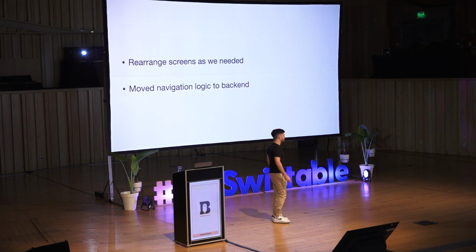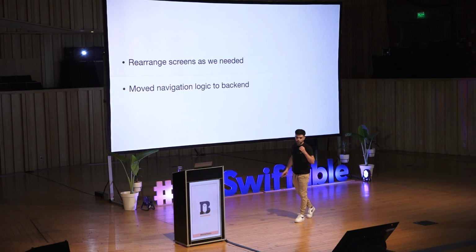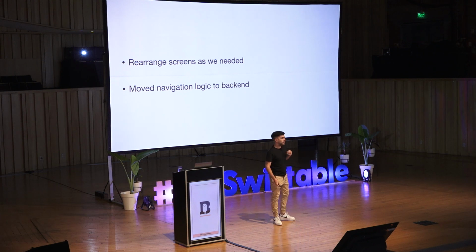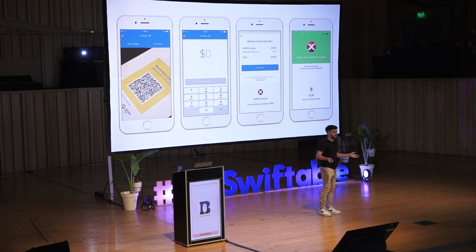So what we achieved with this: we were able to rearrange screens as needed. Moving the navigation logic to the backend allowed us to make new flows by just rearranging and recombining existing screens. For example, in the first example that I showed, the QR code payment in a store, we later found out that we needed to add the keypad to enter the price manually for some cases.